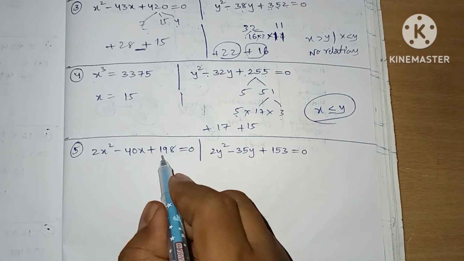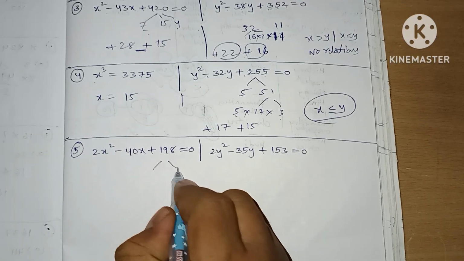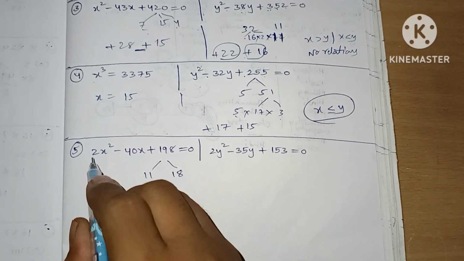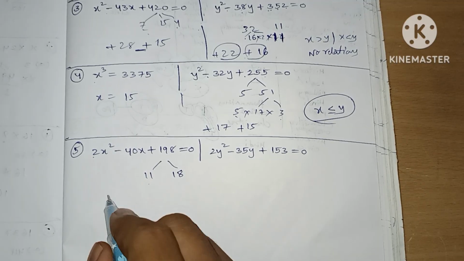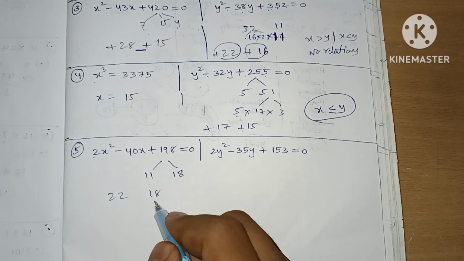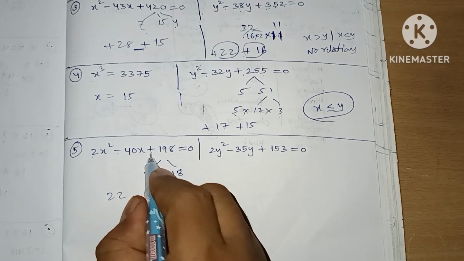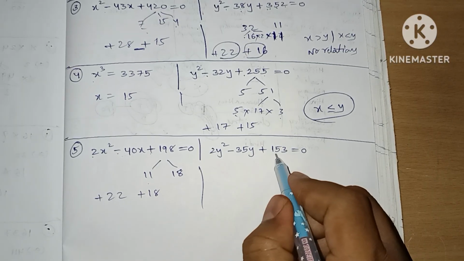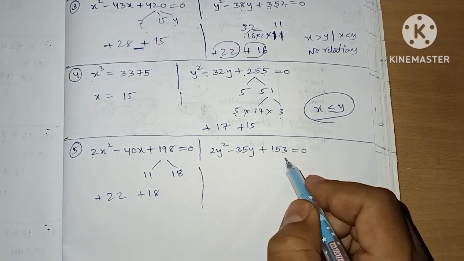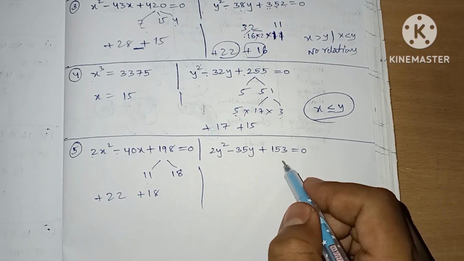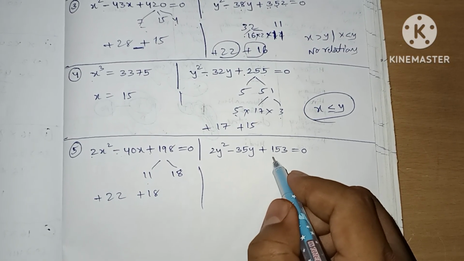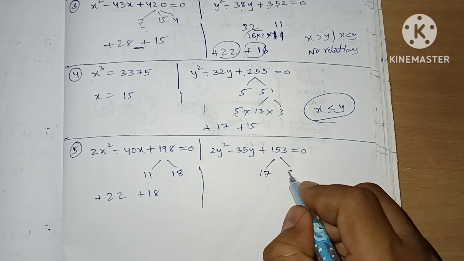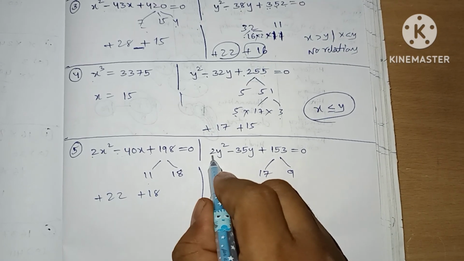Here 198. This is 11, 18 times. And here we have 2. So 22, 18 times, we got 40. Minus and plus means the roots are positive. Here 153. 153 means 17, 9 times, and we have 2 here.